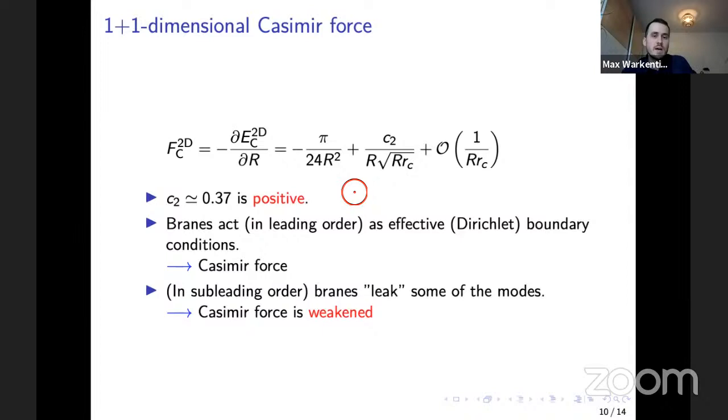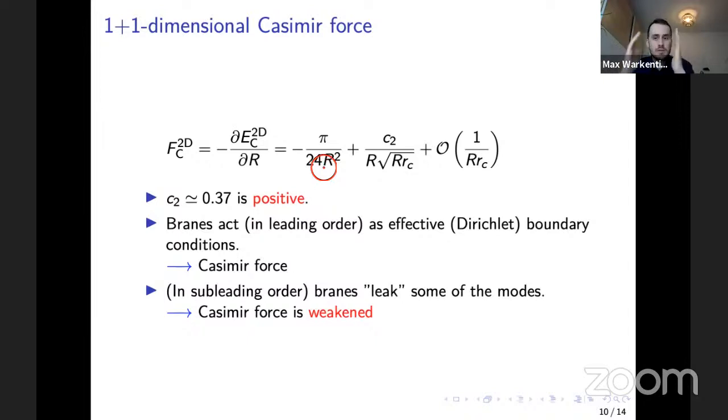The first one is that, indeed, in the leading order, the DGP branes act as effective Dirichlet boundary conditions. So this leading order term is exactly the same as we would get for just taking 2 plates in 2 dimensions with Dirichlet boundary conditions.